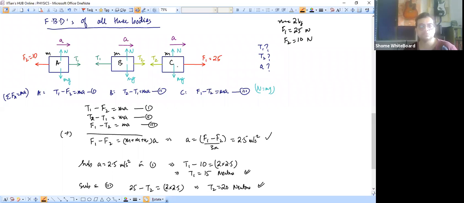Net force is equal to mass into acceleration. This equation we've applied for all three blocks. That's why I've written this over here. So when you apply it to block A, you're getting equation 1. When you apply it to block B, the diagram is just above. So you have to just correlate these two. This is child's play.